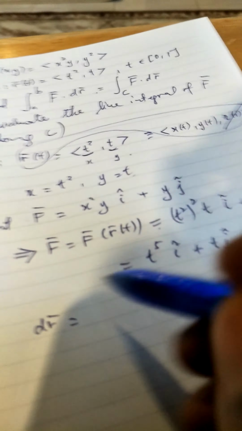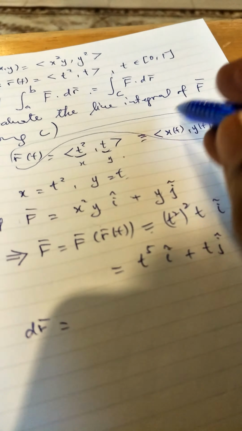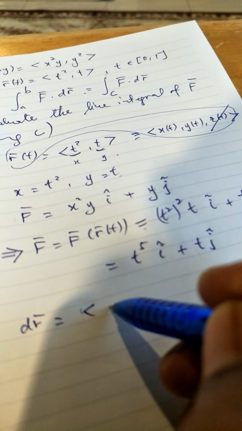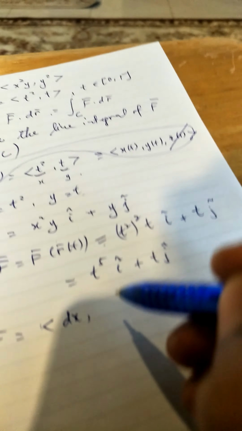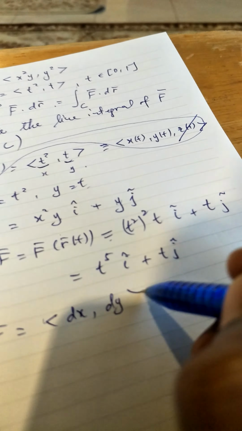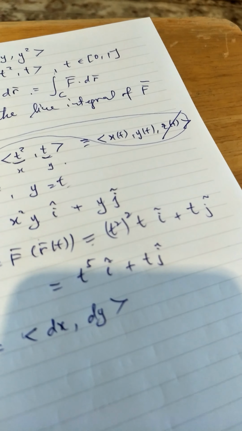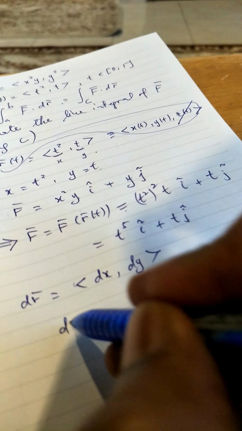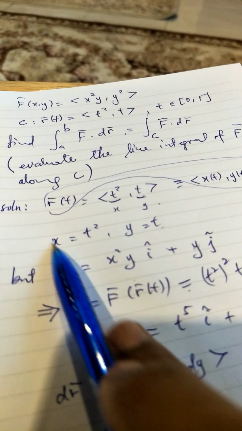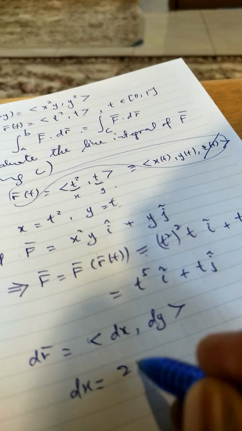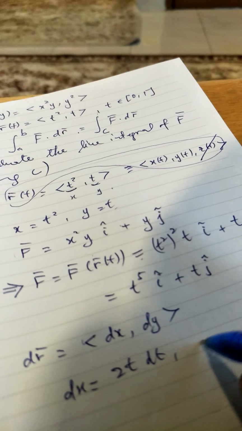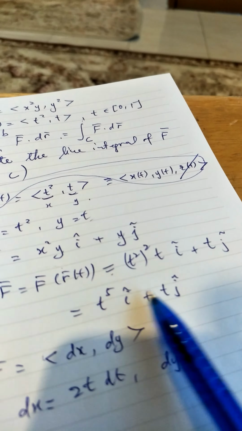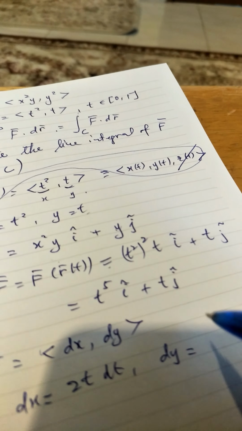So dr is dx, dy. Basically for dx, just use that, dx is 2t dt, and dy is dt.